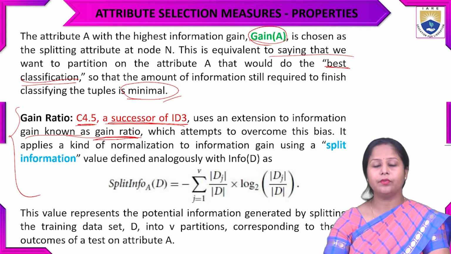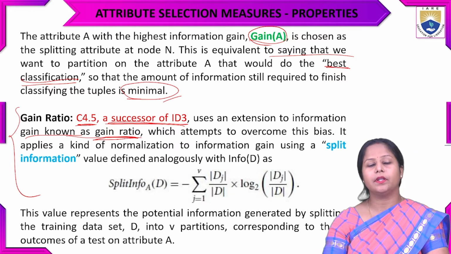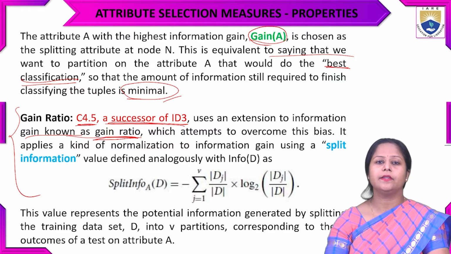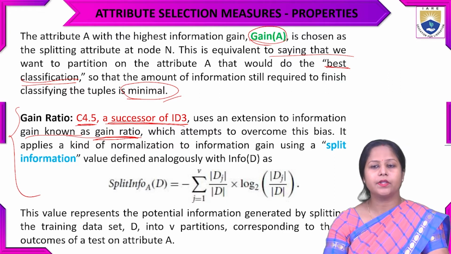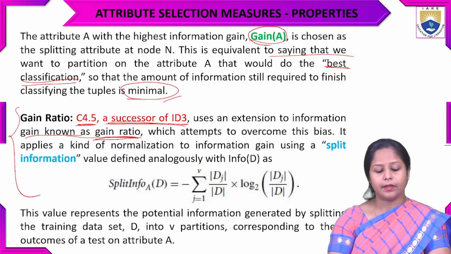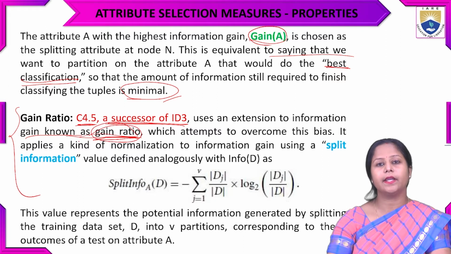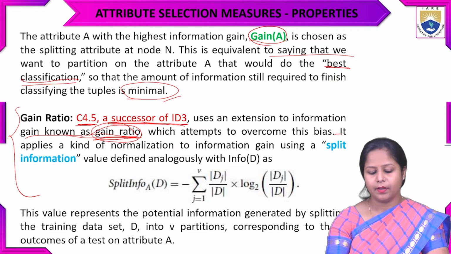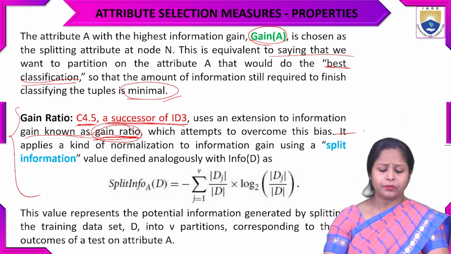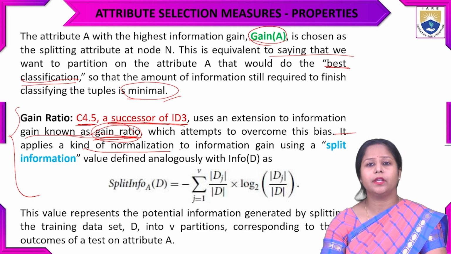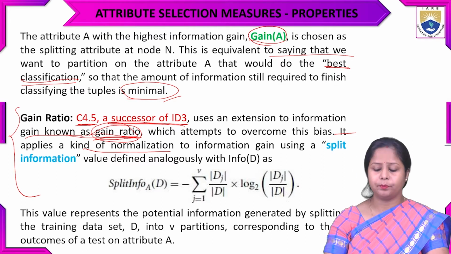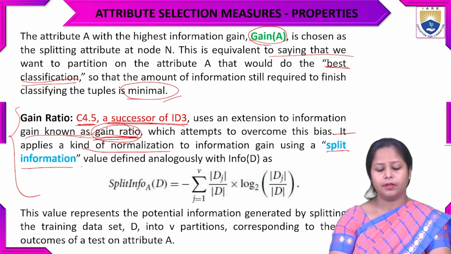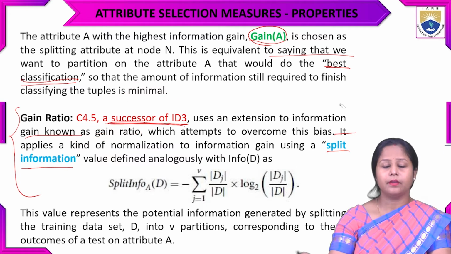For ID3 the measure was information gain, and for C4.5 the measure is the gain ratio, an extension of information gain which attempts to overcome this bias. It applies a kind of normalization to information gain using a split information value.